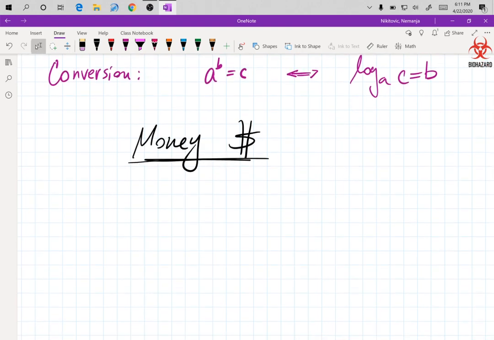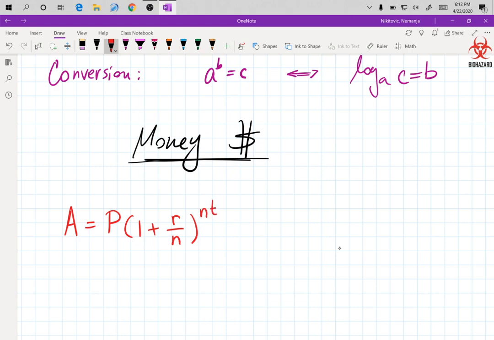So the formula, we're going to have two different formulas here. One is going to be called compound interest, and the other one is going to be called continuous compounding. So for this situation, I'm going to write those two formulas where the amount you owe is equal to the principal times 1 plus r over n raised to the nt.